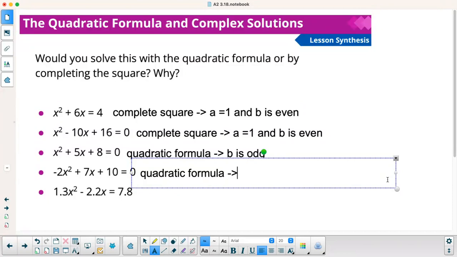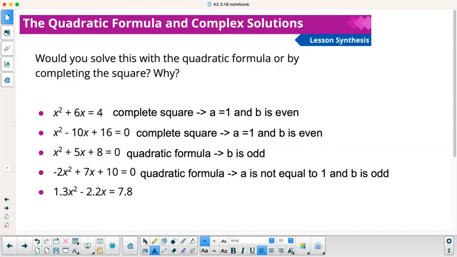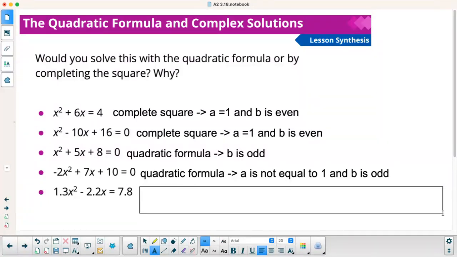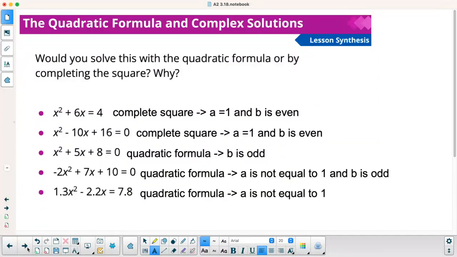And my reason on this one is a is not equal to 1 and b is odd. And this one is probably going to be same type of thing. Quadratic formula. A is not equal to 1. Okay. Anytime a is not equal to 1, quadratic formula is way easier.